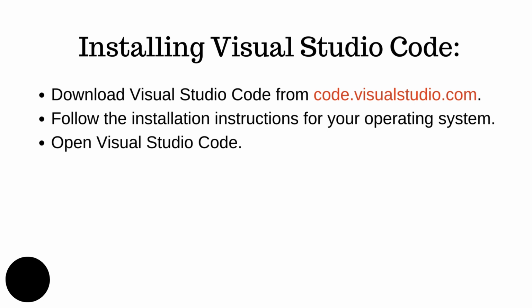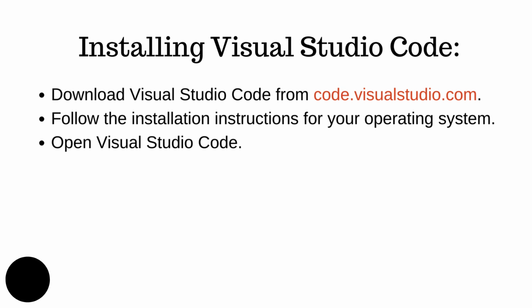So immediately you click on Windows, it's going to download Visual Studio Code for your Windows system. I'm using Windows. If you're using Mac, you go to Mac and click on Mac. It's going to download Visual Studio Code for Mac too. Once it's done downloading, you double click on the setup that was downloaded and it will start installing.